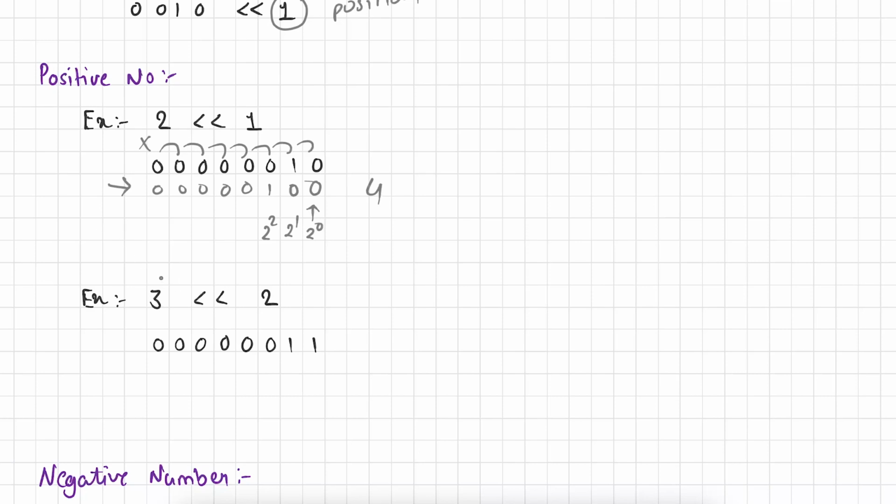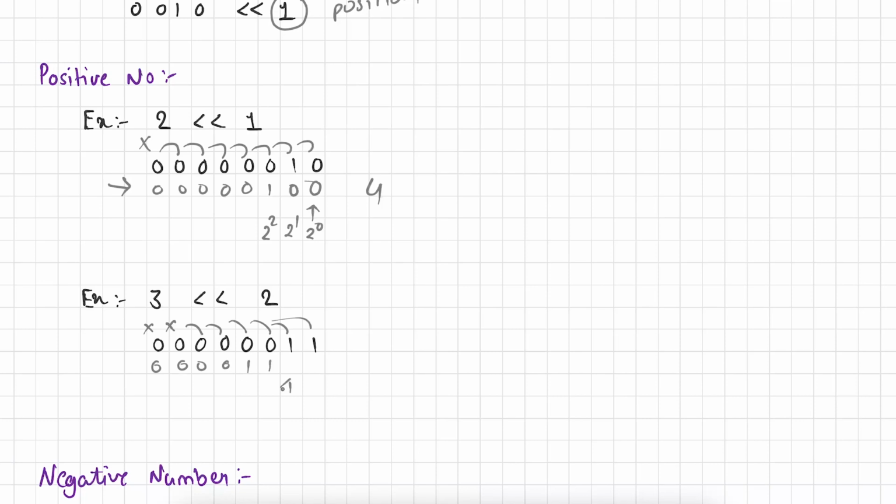Let's say I want to left shift 3 by 2 positions. The 2 leftmost bits simply get ignored and all the bits are shifted towards the left like this. So the number becomes 1 1 0 0 0 0.